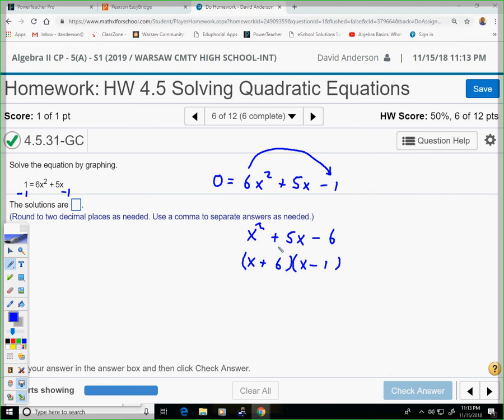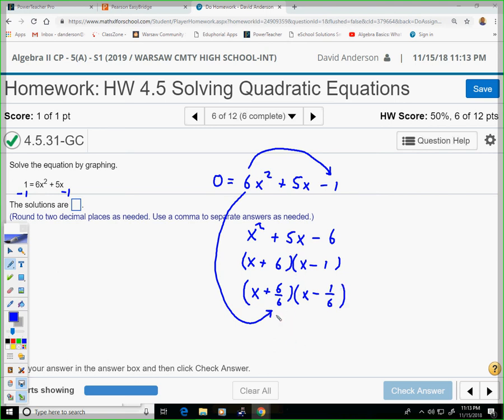All right, now the next step is to divide each one of these numbers by this lead coefficient. Okay, so x plus 6 over 6, dividing by this lead coefficient here, and x minus 1 over 6.